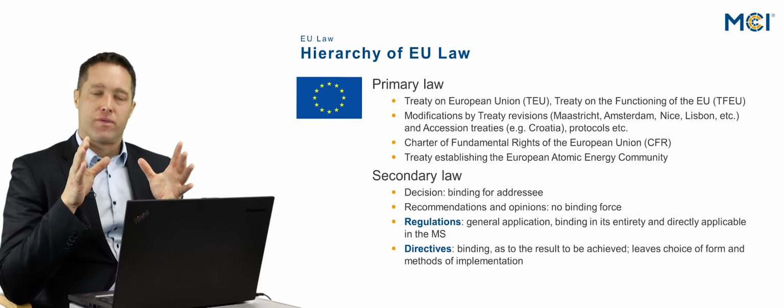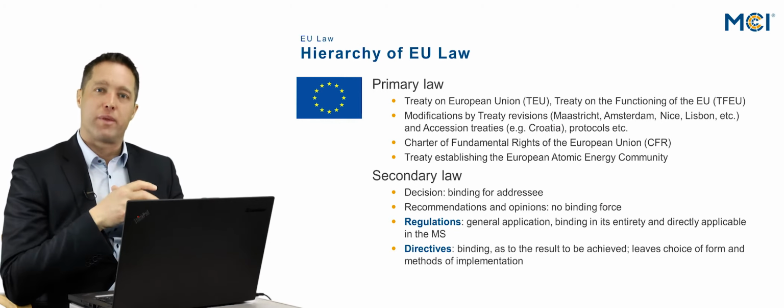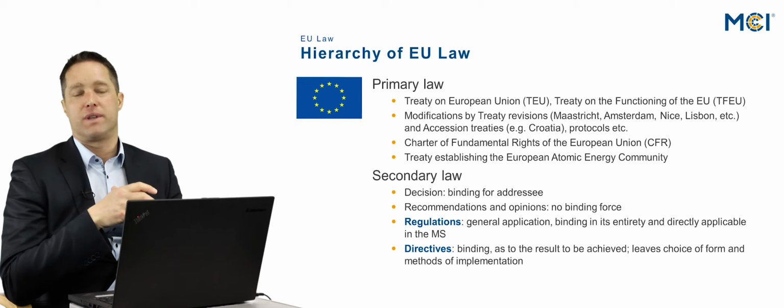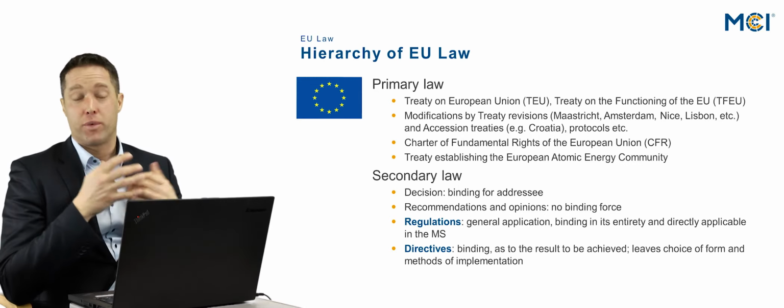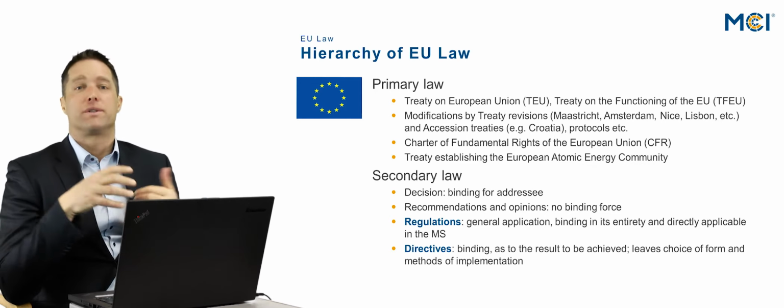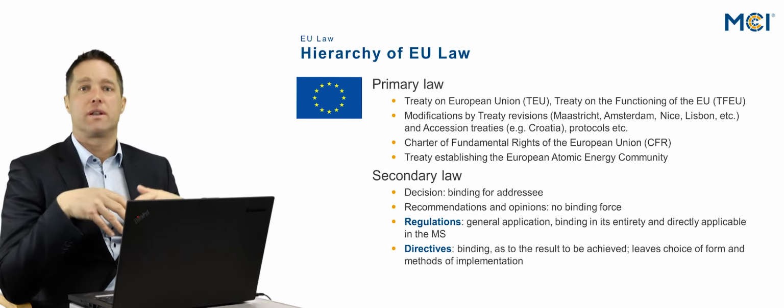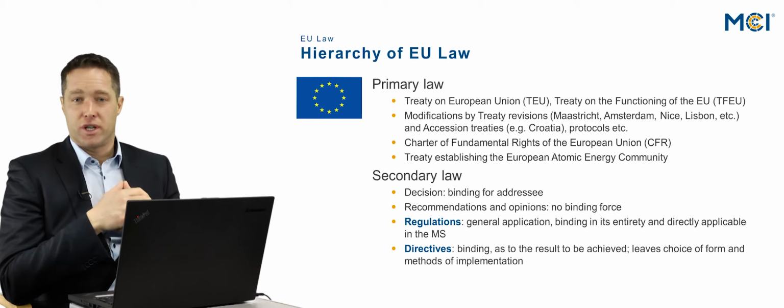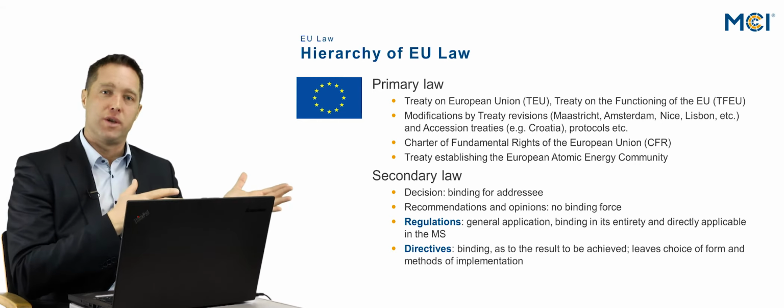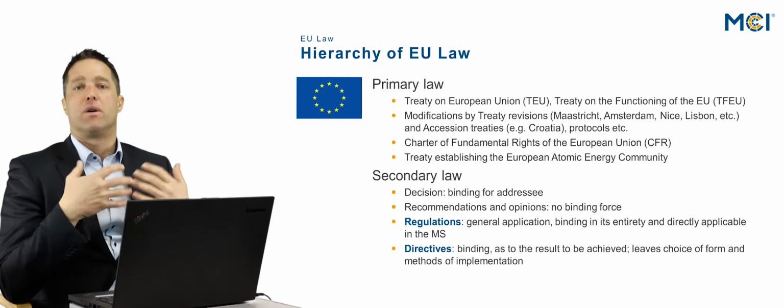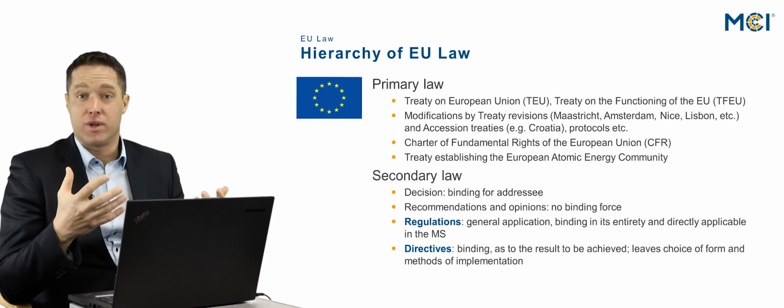So if we look a little bit more into the details of the hierarchy of EU law, we can see examples of what we call EU primary law. So the Treaty on the European Union, the Treaty on the Functioning of the European Union, TEU and TFEU. Also accession treaties.